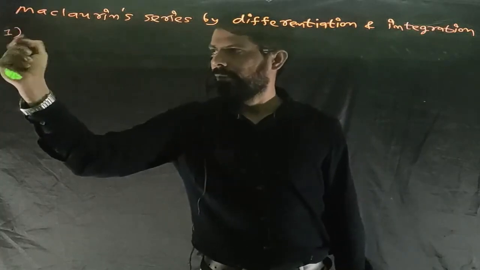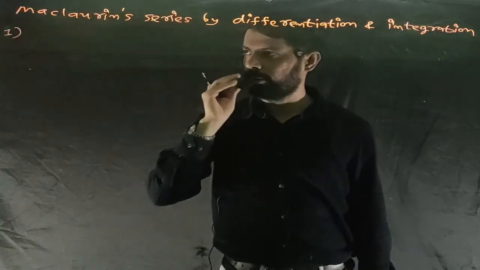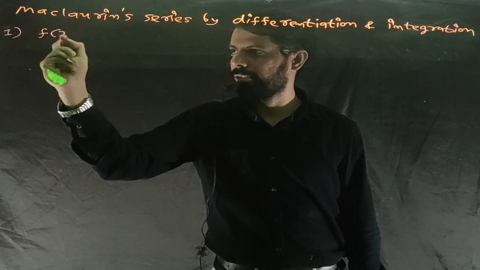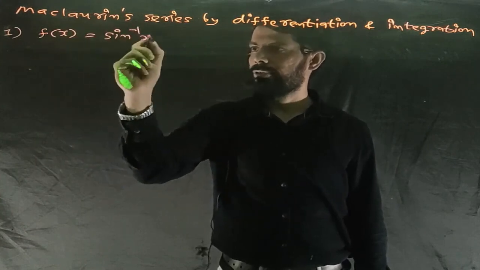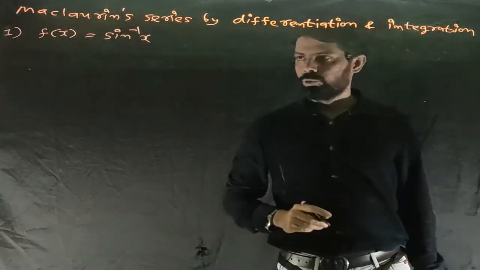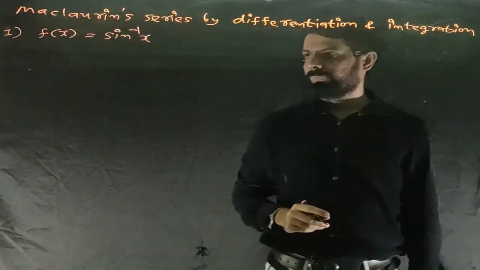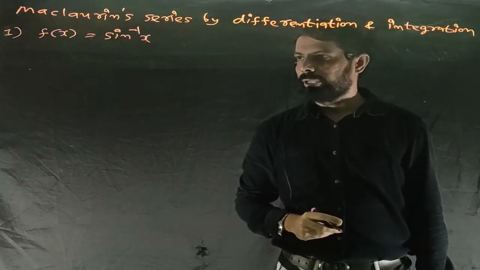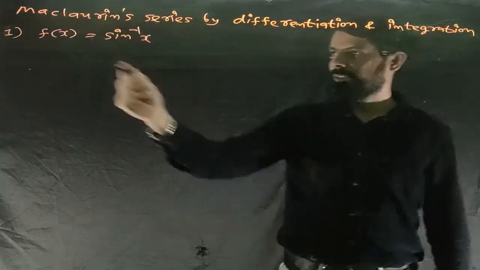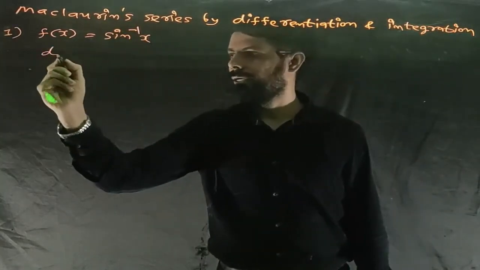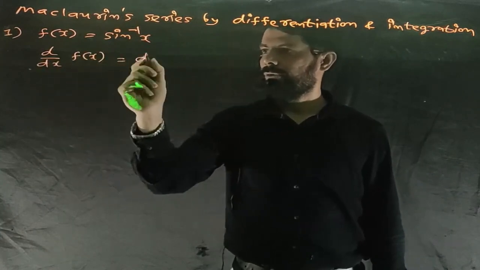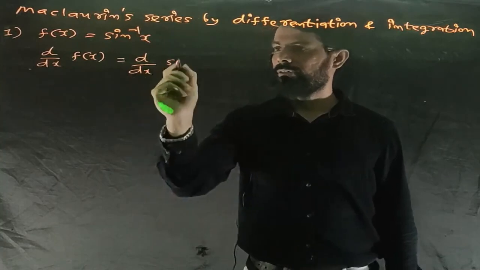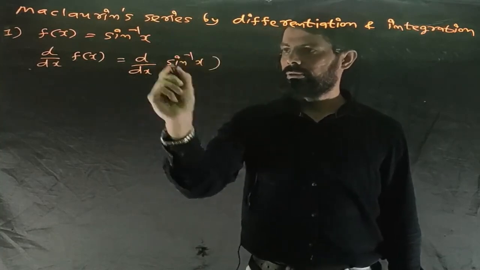First example, we will have to find out the Maclaurin series of the function f of x is equal to sin inverse x. So here, first of all, we will have to take the derivative of this function. So differentiating both sides, d by dx of f of x is equal to d by dx of sin inverse x.